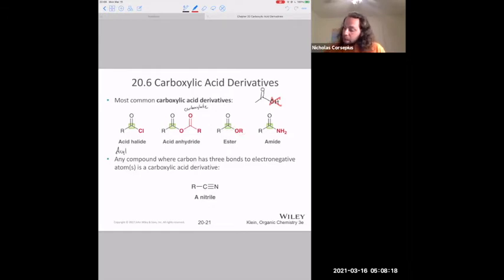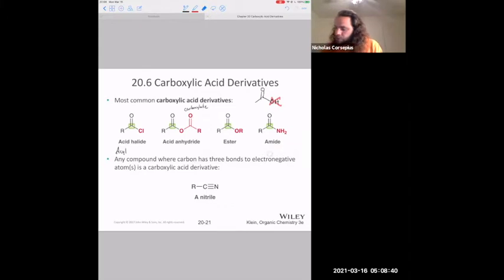And lastly, the amide is when there is a nitrogen as that heteroatom, right? So don't mix this up. This is not an amine, which is when you would have that nitrogen all by itself. But when there's that carbonyl carbon right next door, it's called an amide.